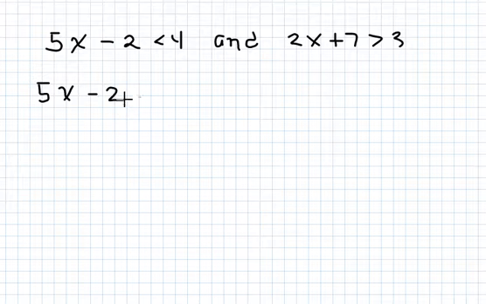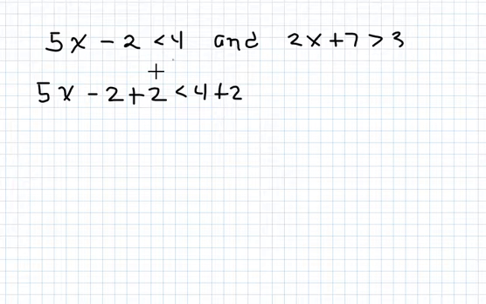5x minus 2 plus 2 is less than 4 plus 2, so we're adding 2 to both sides, and we have 5x is less than 6.